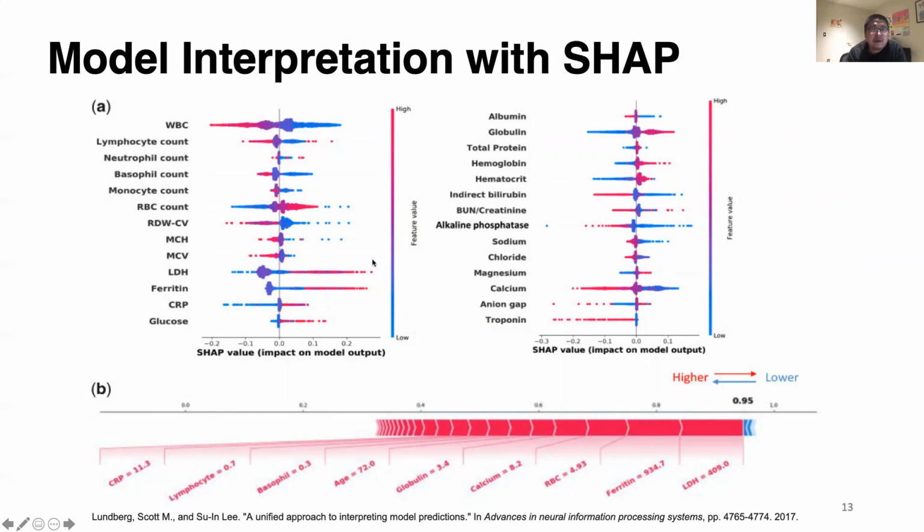The color indicates whether the feature value is high or low. Every feature in this row corresponds to a collection of data points, and each data point corresponds to a specific patient in our development cohort. And how can we read this figure? For example, for white blood count.